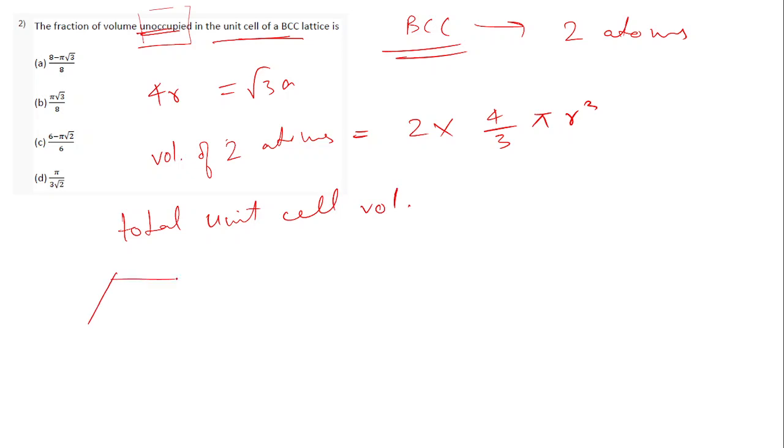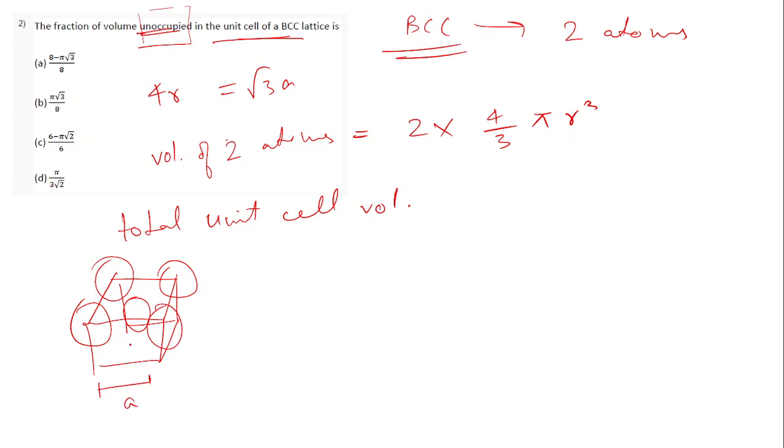Because I have this unit cell with edge length A, but atoms are not completely there, right? There is one at the body center, then all the corners, but there is some gap also. So I need to find out that unoccupied volume. So the total volume of these 2 atoms will be this. Okay. Now the total unit cell volume will be A cube.